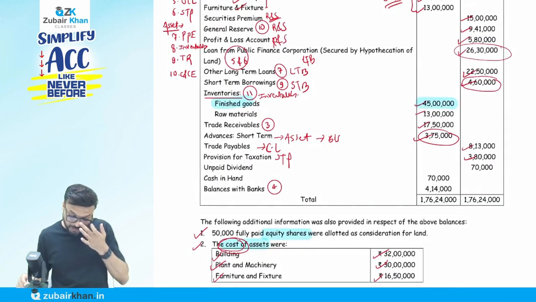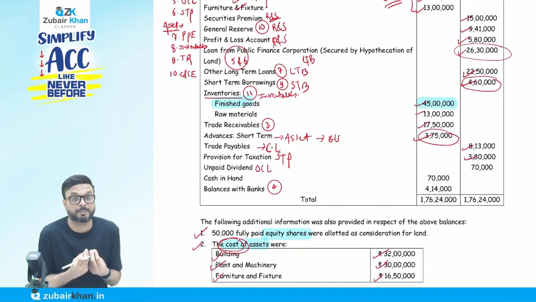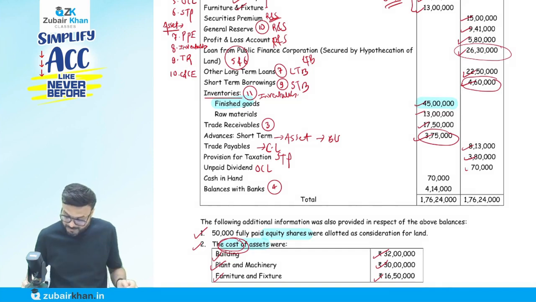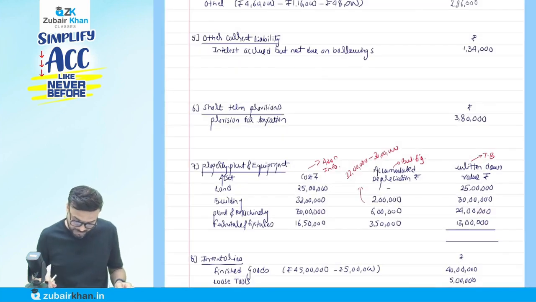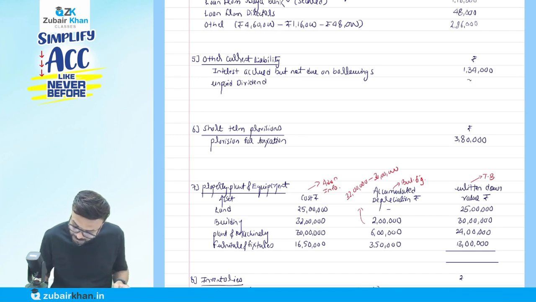Now we have unpaid dividend. This is other current liability. Unpaid dividend which you have not yet paid, payable, it's a liability, 70,000. So write down in other current liability unpaid dividend. Write down there 70,000.